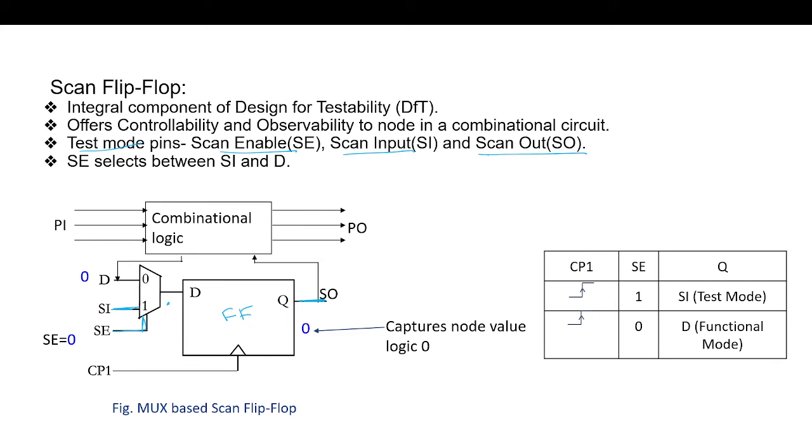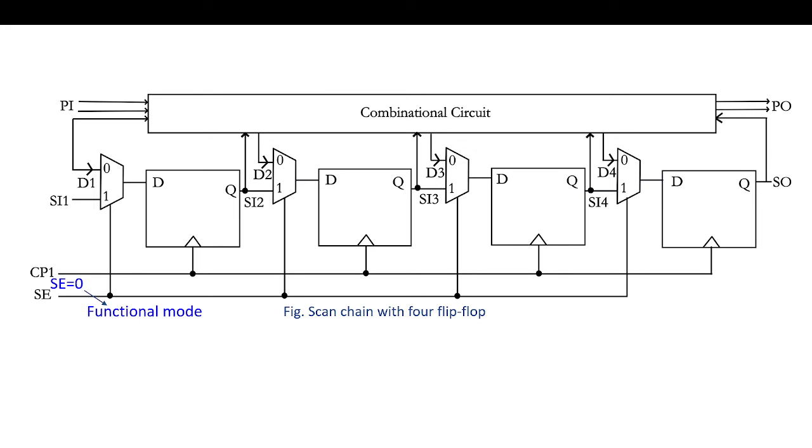Now, if I have say 10 flip-flops and I don't connect them as a chain, I will have 10 scan outs and 10 scan ins. For an IC, we can have only a certain number of pins, so we cannot go on increasing the pins. Is your question clear? In scan design, why are flip-flops converted to shift registers during testing?